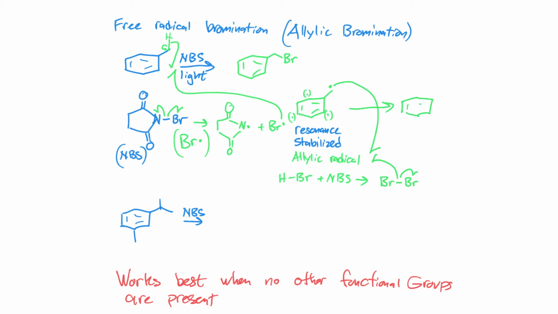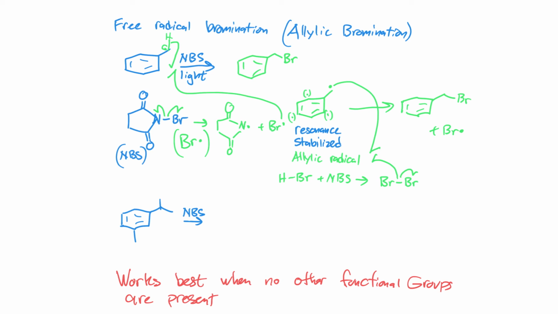And you can see that this results in the product plus an equivalent of Br radical. And so this Br radical can then go ahead and react with more of the starting material to create more of the benzylic radical, or the allylic radical. And so this is basically the two-step sequence needed to take the non-functionalized benzylic position and turn it into an allylic bromide.